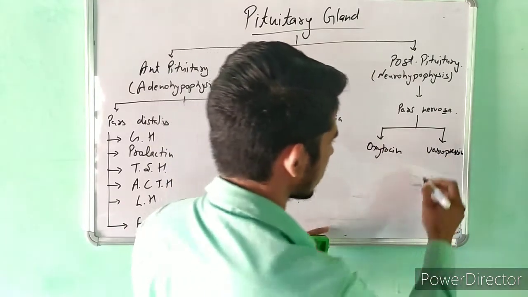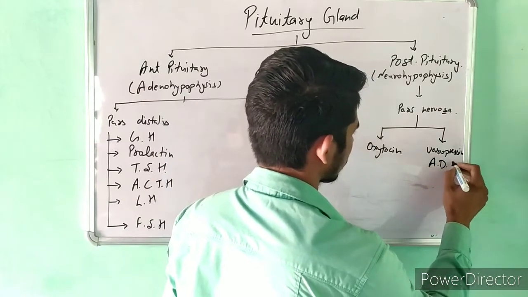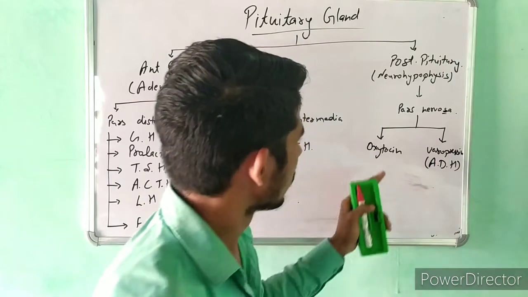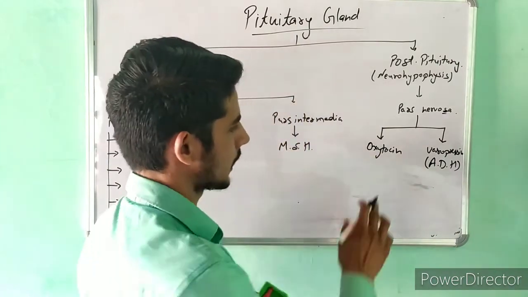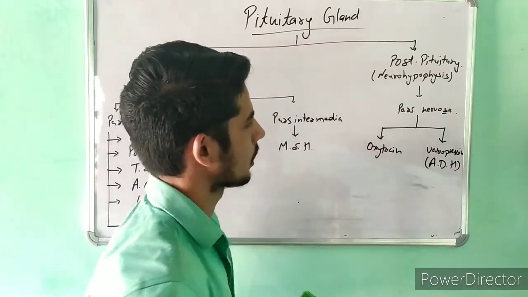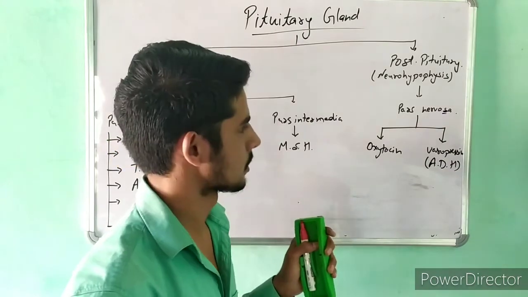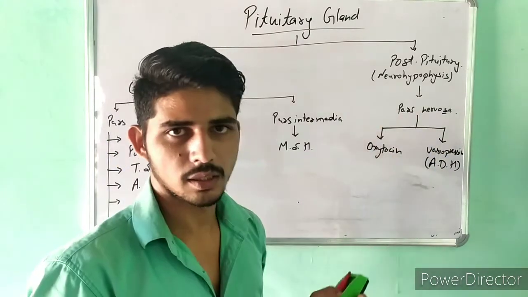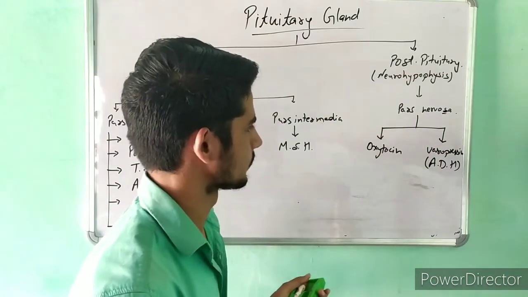Vasopressin is also called ADH, which means anti-diuretic hormone. The hormones secreted by pars nervosa are formed in the hypothalamus. Pars nervosa just stores and secretes them when they are needed by the body.